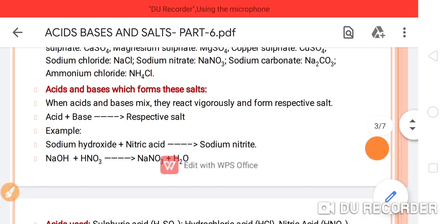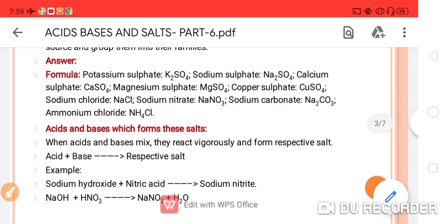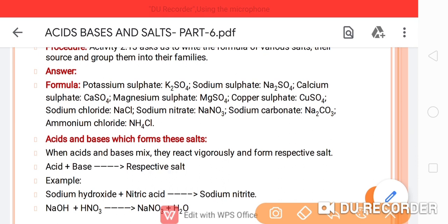Okay, one more example I would like to discuss with you. Suppose you have to form potassium sulfate, so which acid and which base will be used? From potassium sulfate you can predict that the acid will be sulfuric acid.